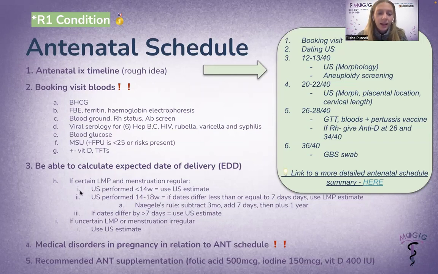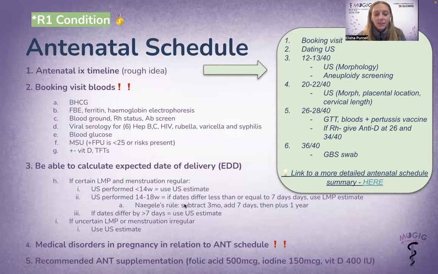If it is regular, then you go down this pathway, and it breaks it up into whether the ultrasound was performed before 14 weeks, or whether the ultrasound was performed at 14 to 18 weeks, and depending on when that ultrasound was performed, you do something different. But if you have an uncertain last menstrual period or menstruation is irregular, you're always going to use the ultrasound estimate. Something that you might have come across is Naegele's rule.